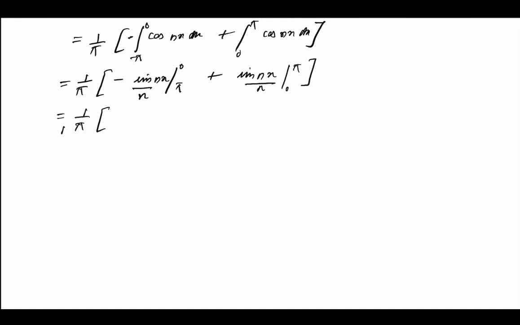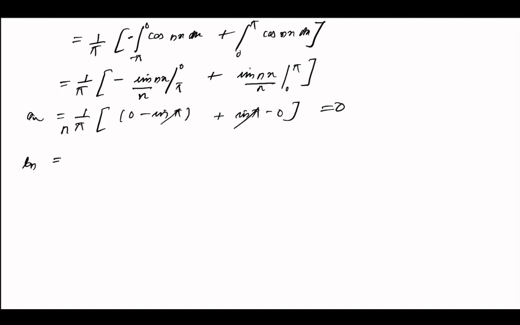So you'll take n in common, and what you'll get is 0 minus sine of pi plus sine of pi minus 0. So sine of pi is always 0, so this is also 0, so an is also 0.